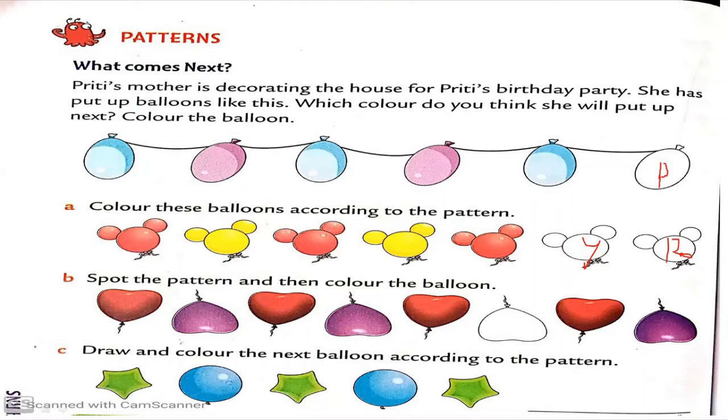Look, these are different shapes of balloons. Star shape, then circle shape, star, circle, star. Then if you are going to complete this pattern, which shape balloon will come next? Round shape. Okay. Hope you understand the pattern well.